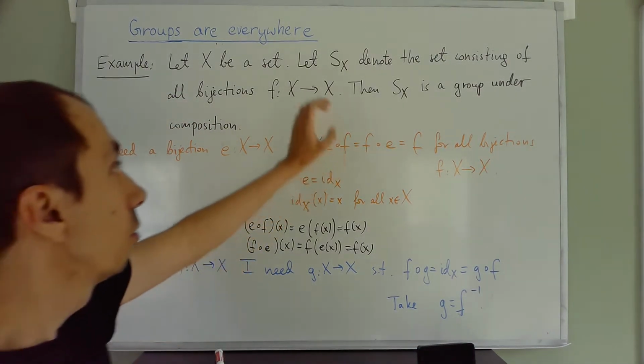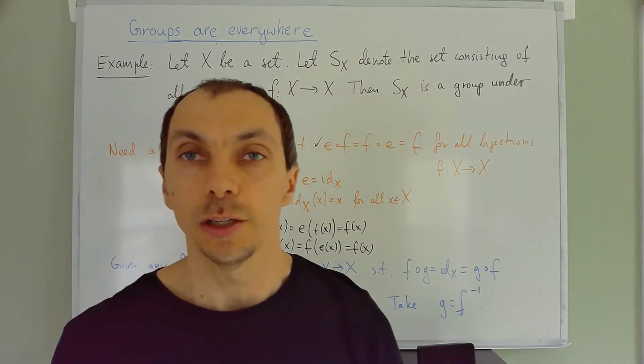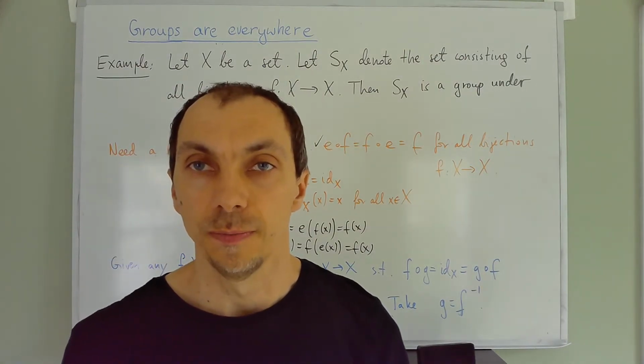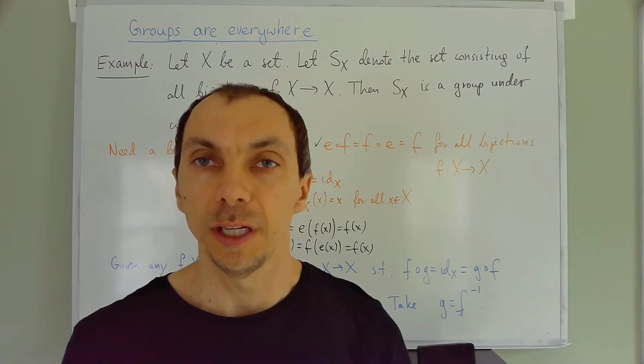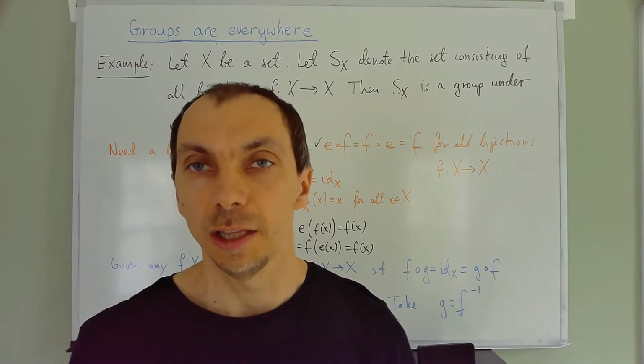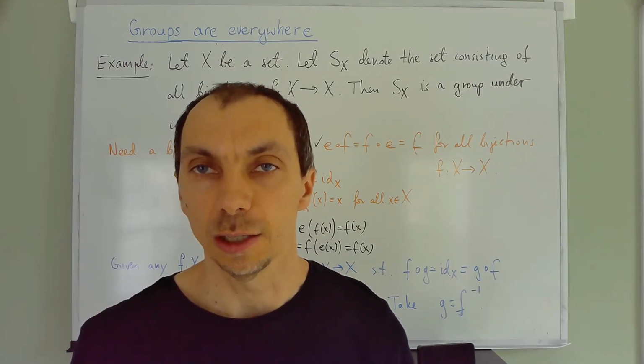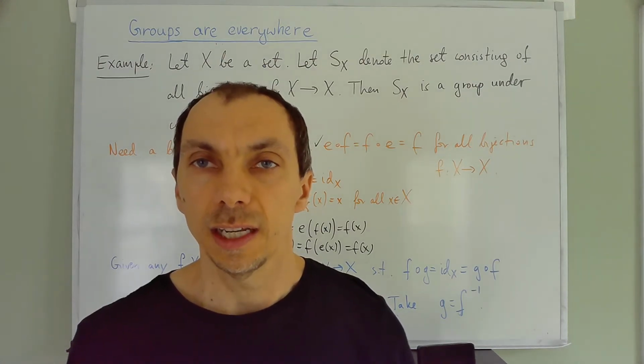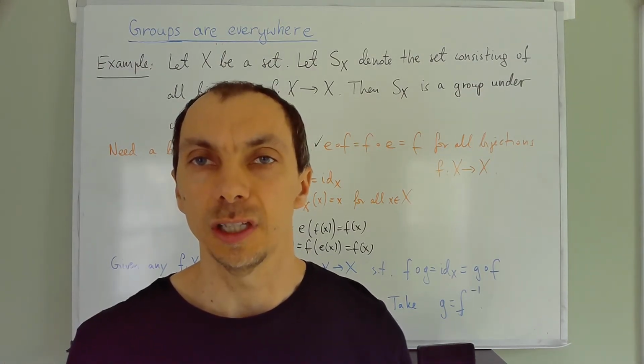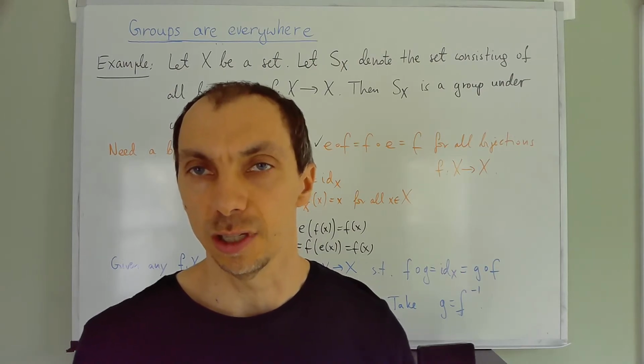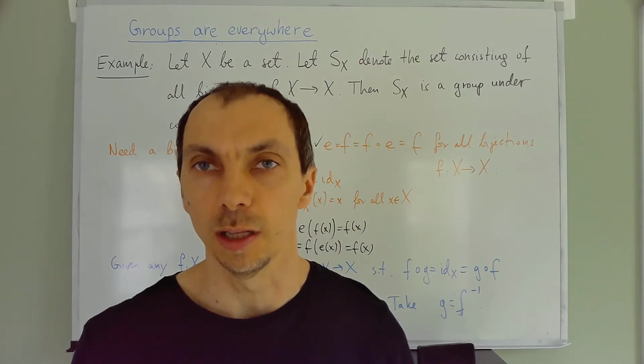Just to recall, we take any set X and look at all the bijections from X to X. When you compose two bijections, you get a bijection, so that defines a binary operation on the set of these bijections. Secondly, composition of any functions is associative, so composition of bijections is associative as well.